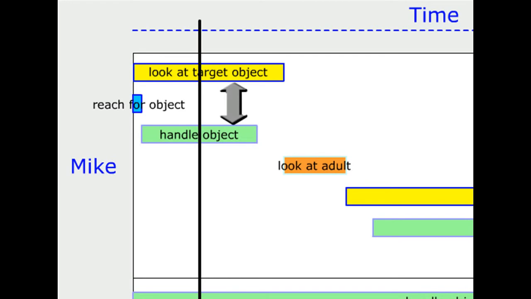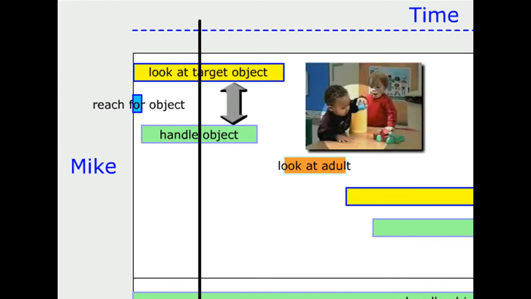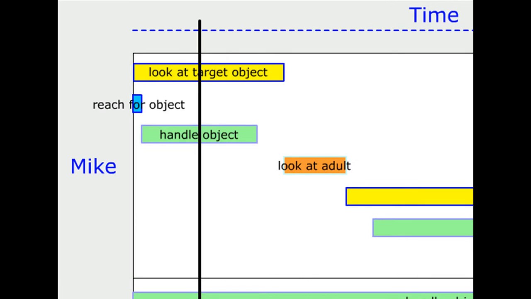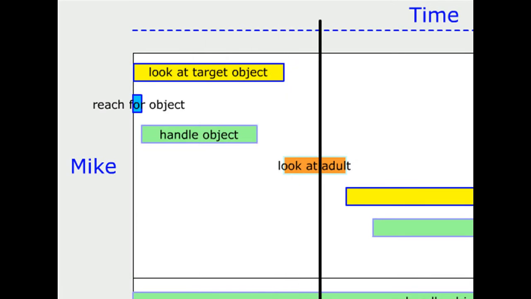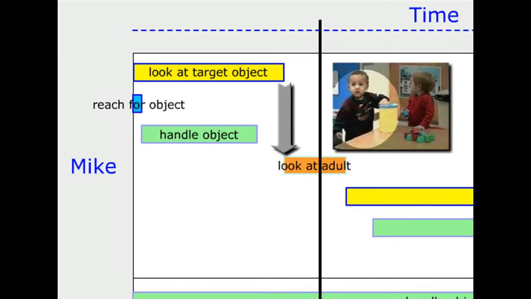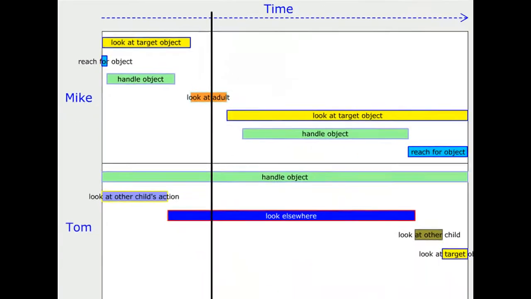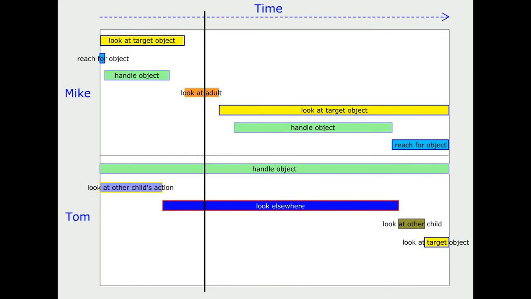After that, he handled the object while still looking at it. Then Mike switched to looking at the adult in the room. And so on.